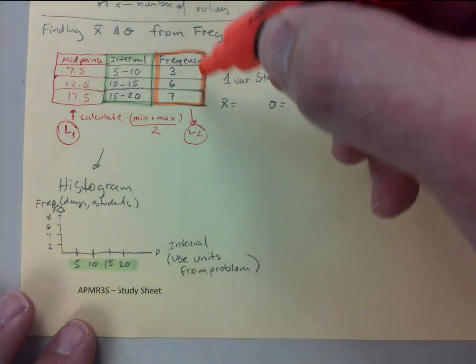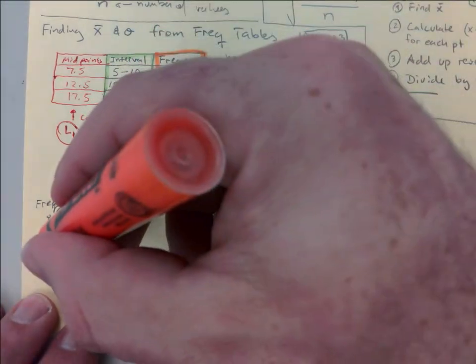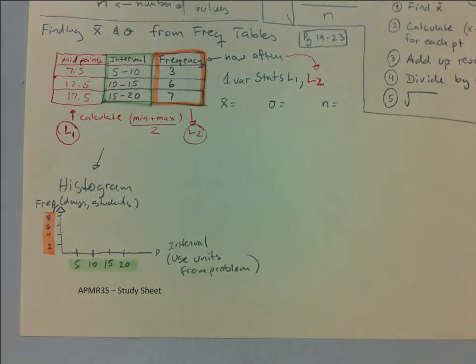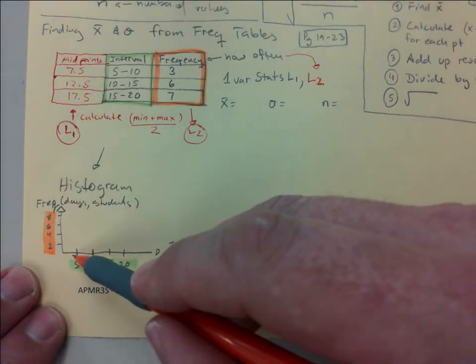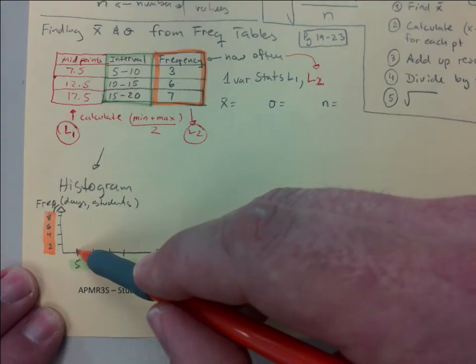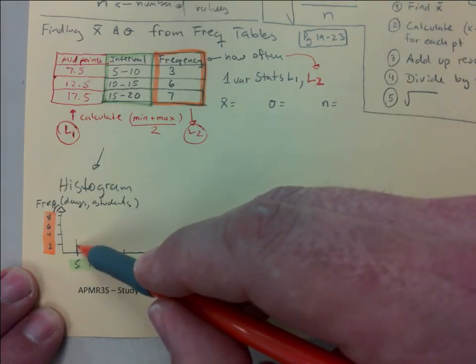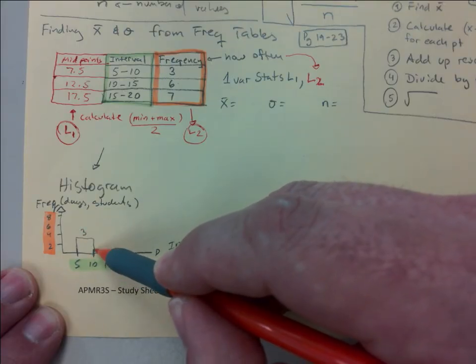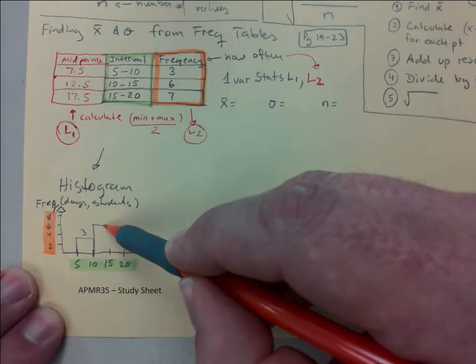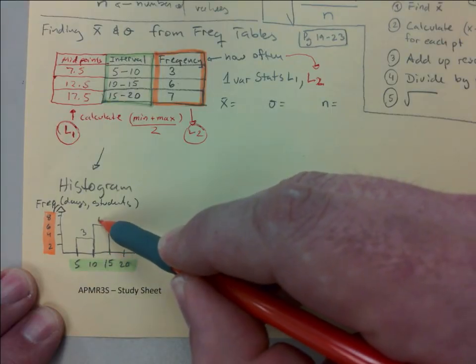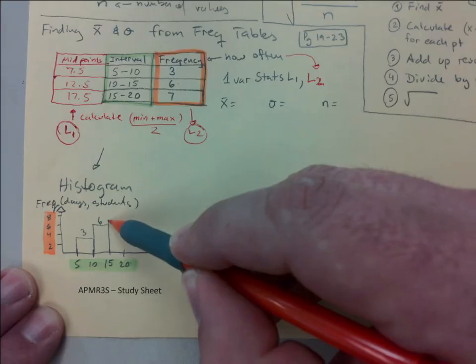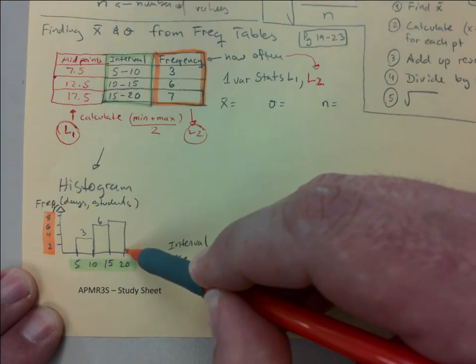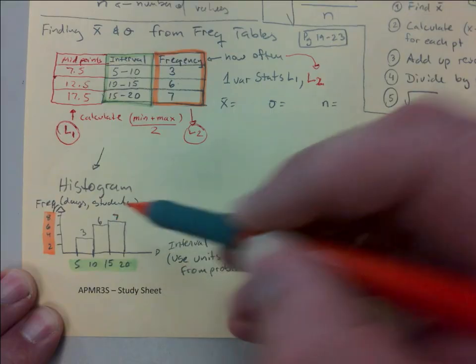And so you would use these numbers to guide you for the y scale. And so the first bar is 3 high, right? This one is 6. And the next one is 7.